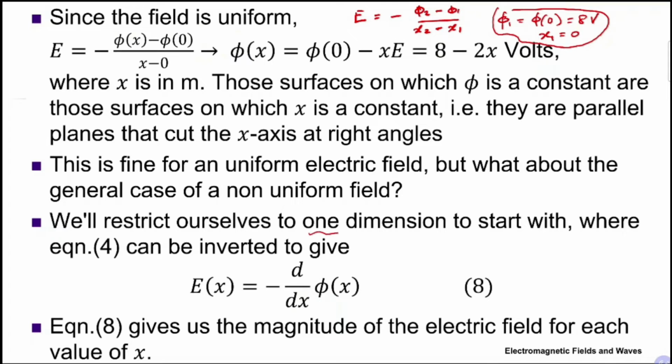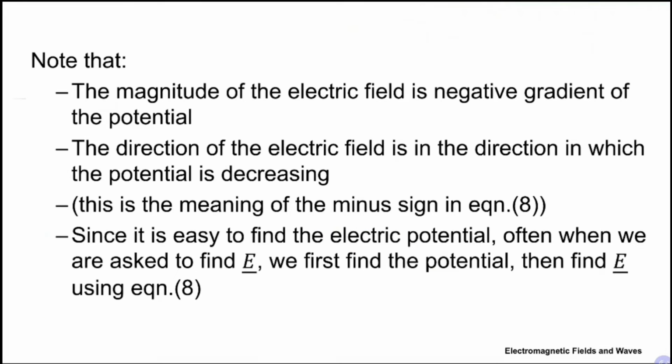This is for one dimension, just changes in the x direction. The magnitude of the electric field is the negative gradient of the potential. The direction of the electric field is the direction in which the potential is decreasing, and that's the meaning of the minus sign in equation 8.